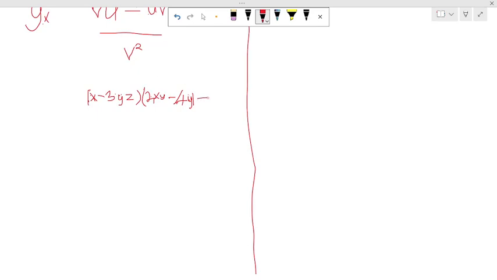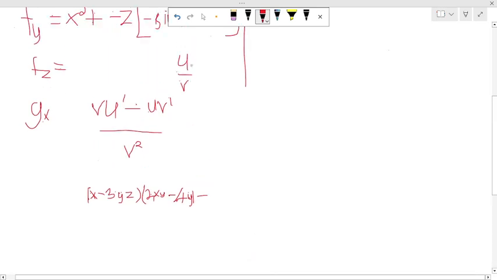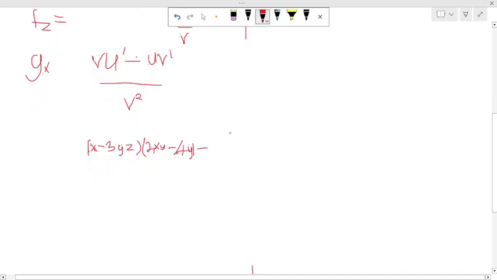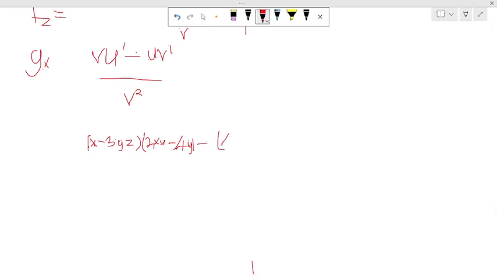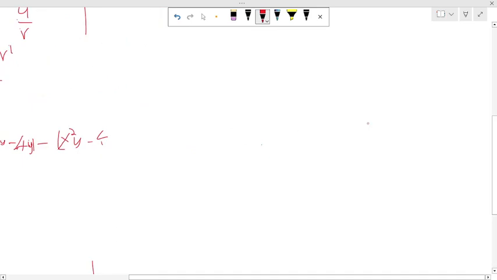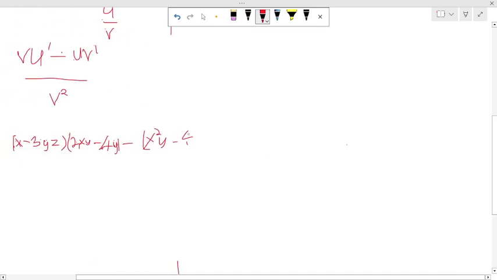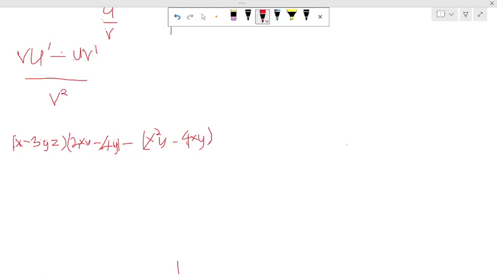So now minus u v prime. Our u is the whole of this expression, that is x squared y minus 4xy, times v prime.